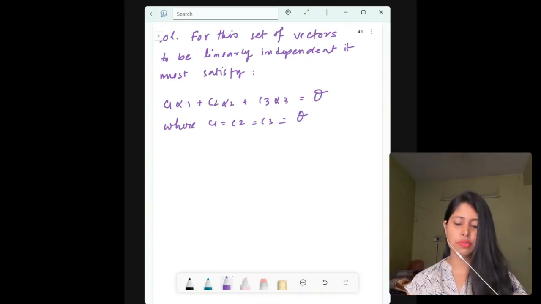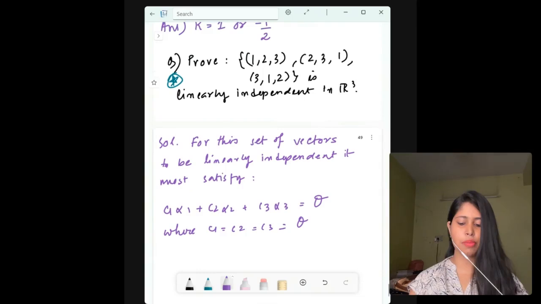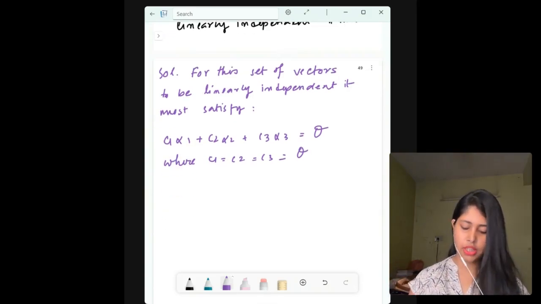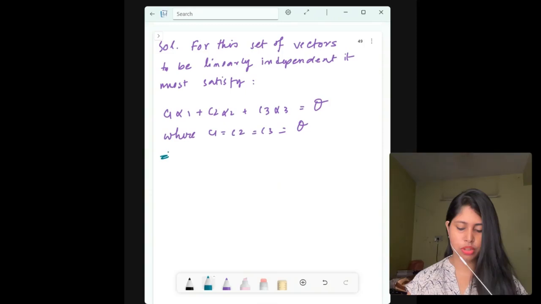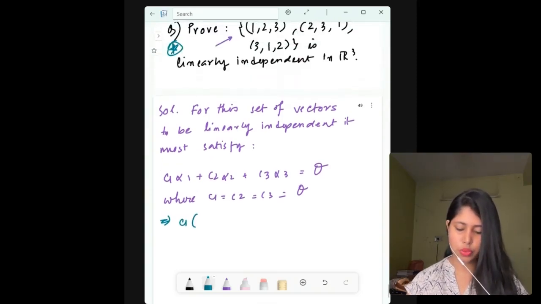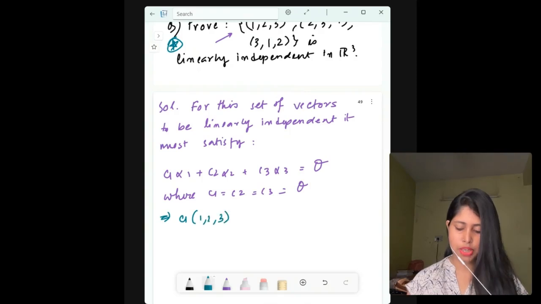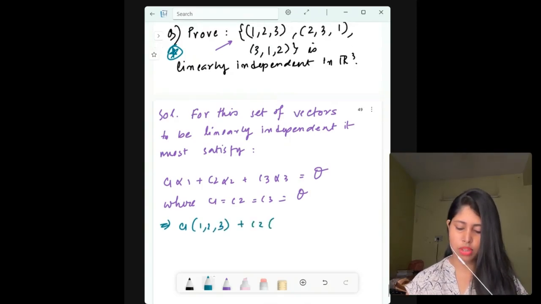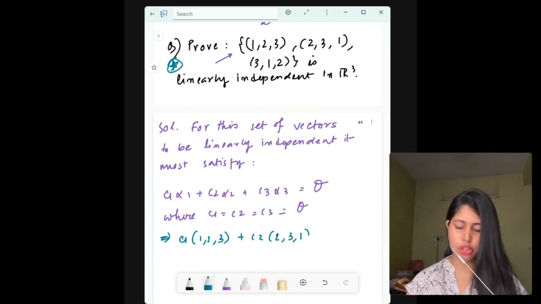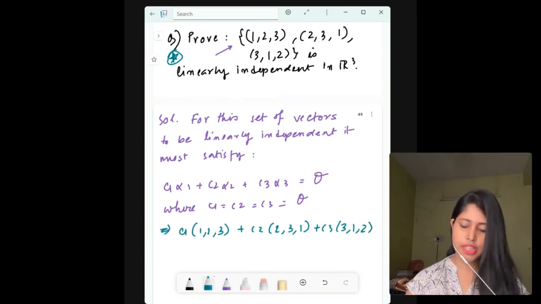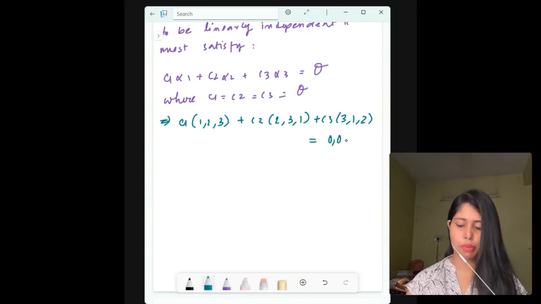Now you will substitute the values of alpha 1, alpha 2 and alpha 3. I'm not writing it again, so I'm directly writing what this implies. C1 times (1, 2, 3) plus C2 times (2, 3, 1), which is alpha 2, plus C3 times alpha 3, which is (3, 1, 2), all equal to (0, 0, 0).